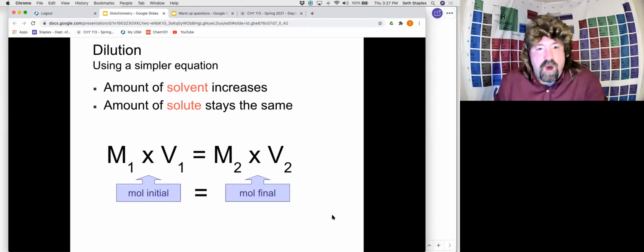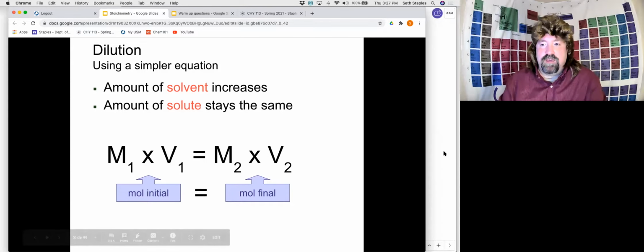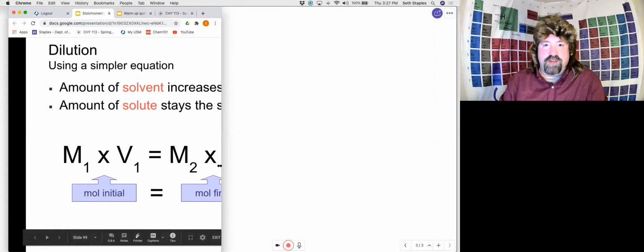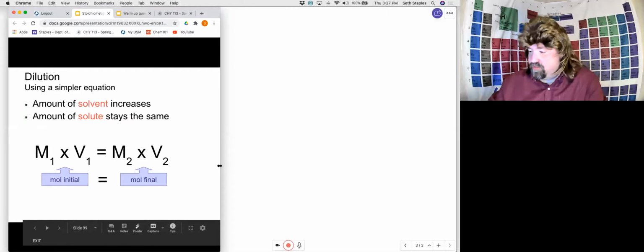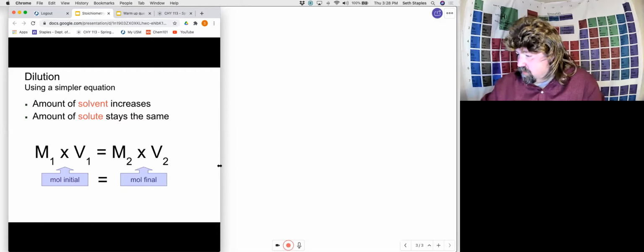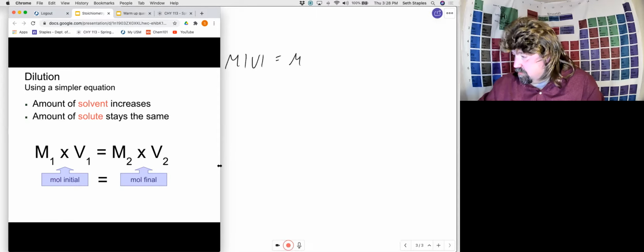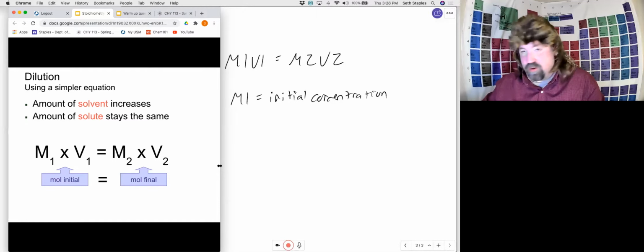And so the M1 refers to the initial concentration of your initial solution. M1V1 equals M2V2. M1 equals the initial concentration of your initial solution.